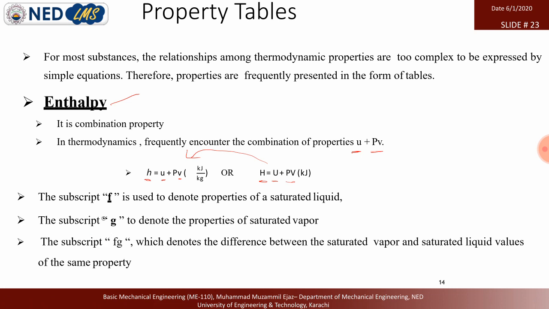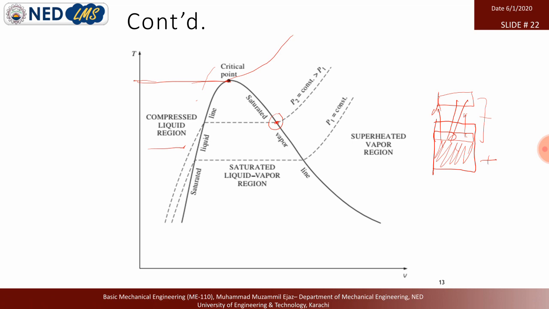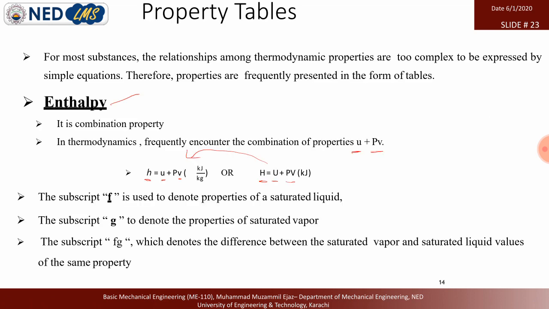And if we denote these properties with respect to this region, we make the table. Later we will show how we are using the table. So any properties that lie at this point are subscripted with f. The subscript f is used to denote the properties of saturated liquid.